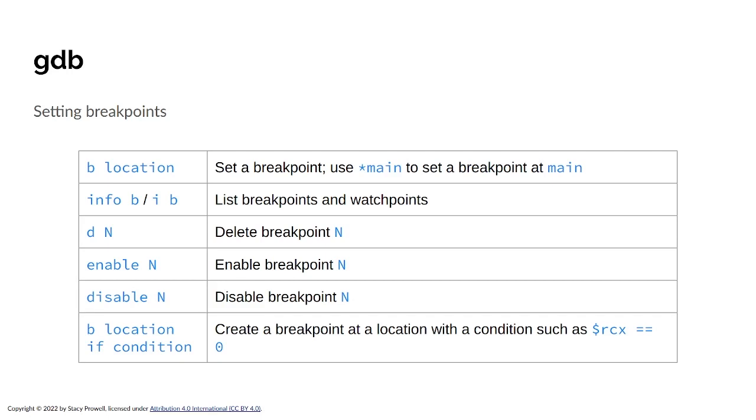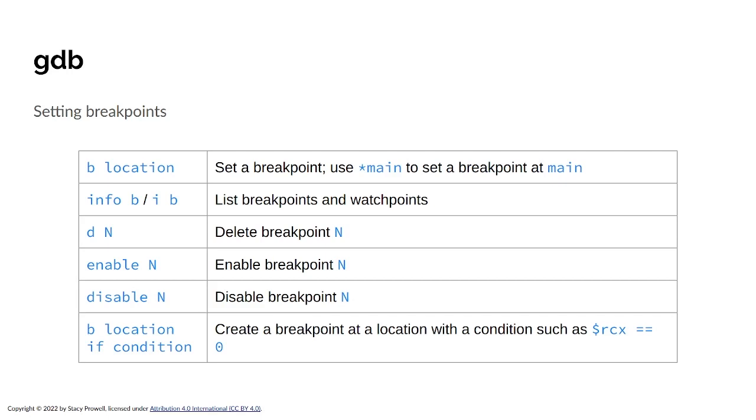I can delete a breakpoint by giving D and the breakpoint number. What's the breakpoint number? I find that out by using info breakpoint, so info B. That will give me the numbers, and then to delete whatever, I just say D and the number. Likewise, I can enable and disable breakpoints with enable and disable and the breakpoint number. Finally, I can include conditions in it.